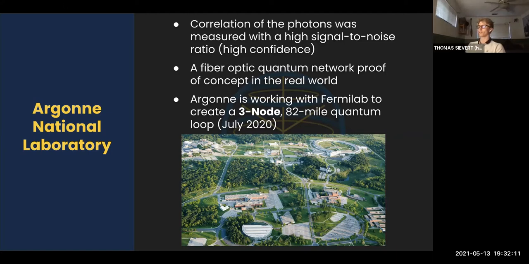And the latest we've heard is that in July of 2020, they announced they're working with Fermilab to establish a 3-node quantum network. It's going to be an 82-mile loop. To talk about 3-node quantum networks, I will hand it off to Matthew.